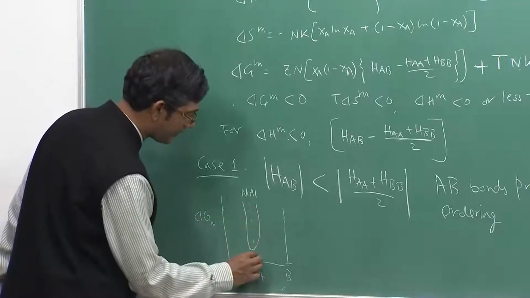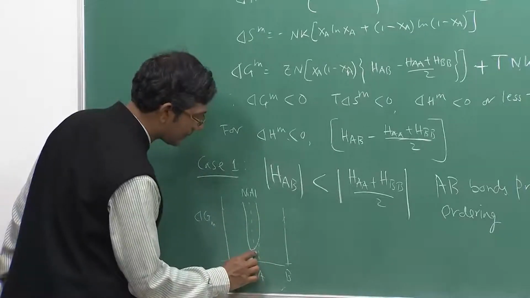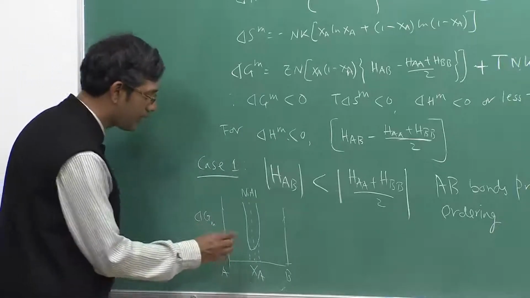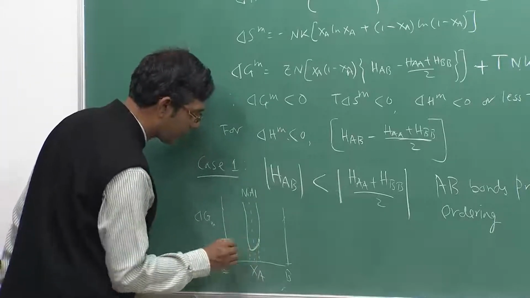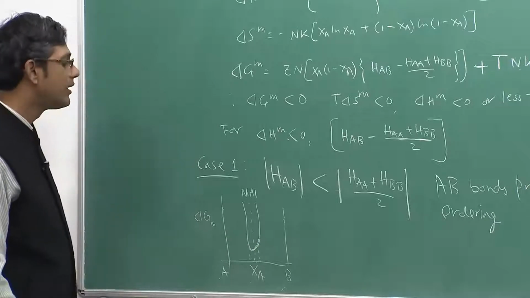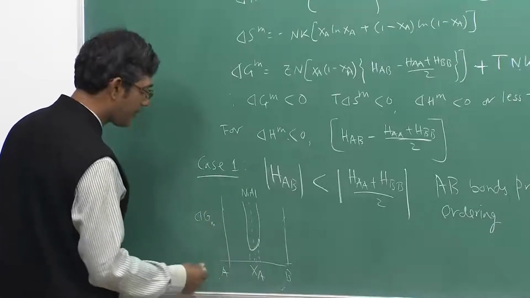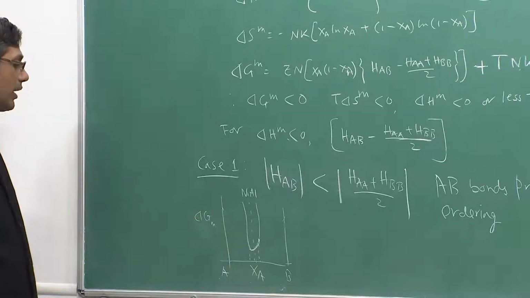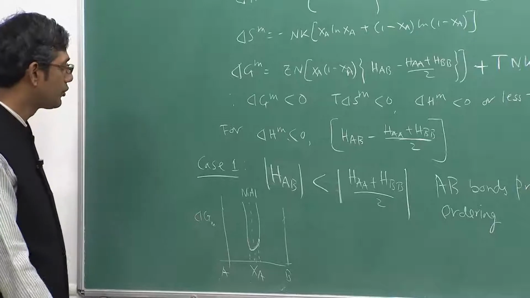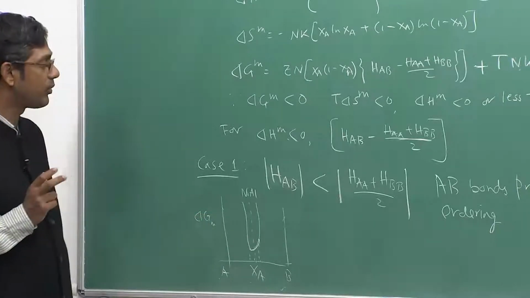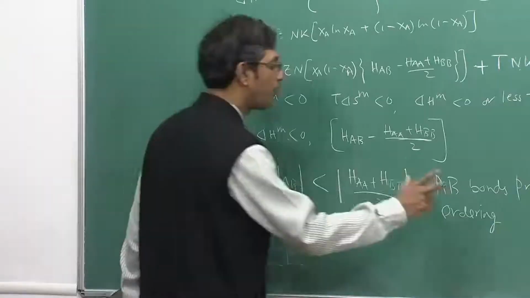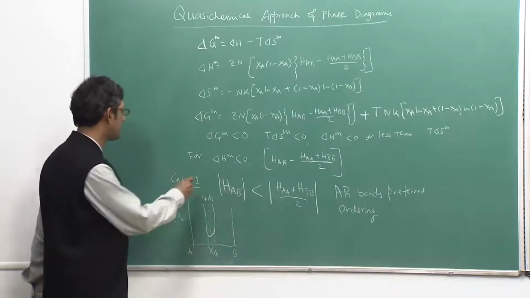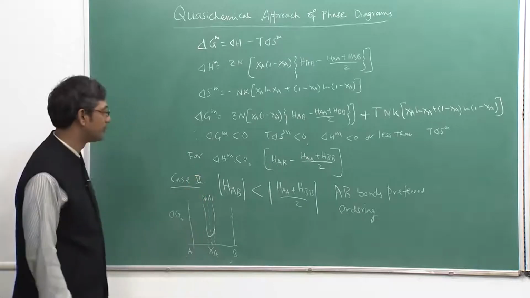This is the 50-50 composition, and it is clear that this can accommodate some stoichiometric differences. Therefore, the free energy curve will look like this. Similarly, for Fe3Al it will be different, it will be 2:3, 2:1 or 3:1, so the positions will be different. My real intention is that for formation of ordered compounds or superlattice compounds, this condition has to be satisfied. So this is case 2, not case 1, case 2.